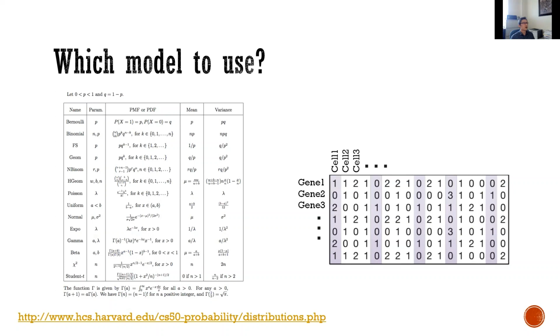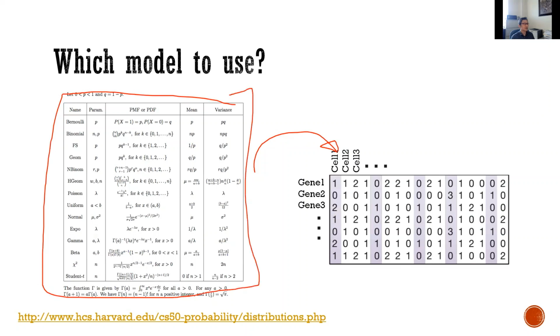So if I want to simulate single-cell RNA-seq data, I have no idea now which model I can use. There are many, many different statistical models and distributions. If I don't understand my data, I will not be able to generate a very reasonable simulated data set.